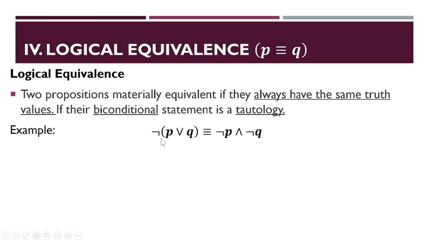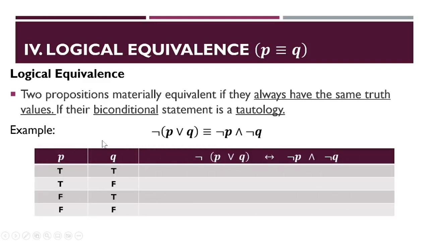So for example, the negation of P or Q is a logical equivalence of not P and not Q. To verify that, we have the truth values for P and Q. Now let's focus on the truth values for P or Q. So this becomes true if one of P or Q is true. So we have true, true, true, then false. Next, the negation of that is false, false, false, true.